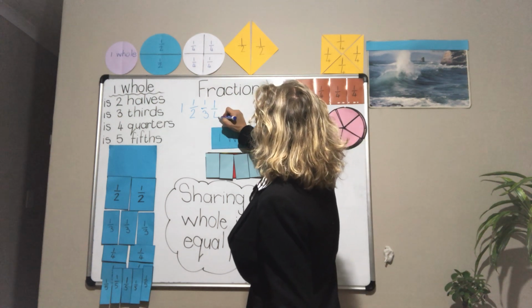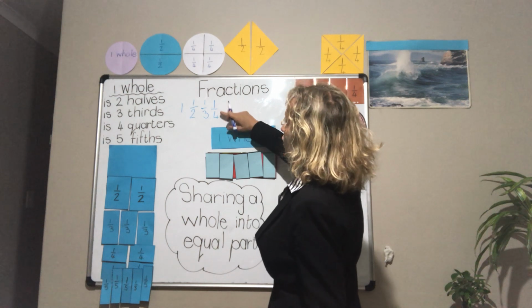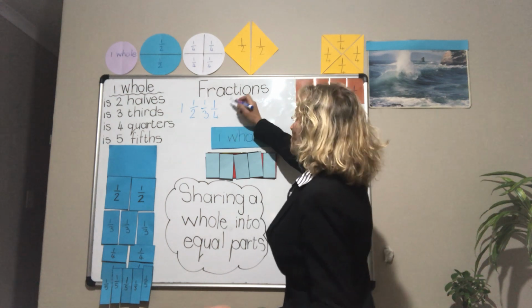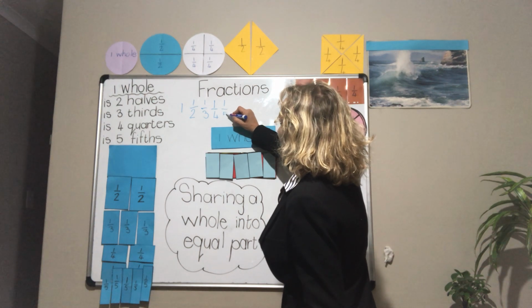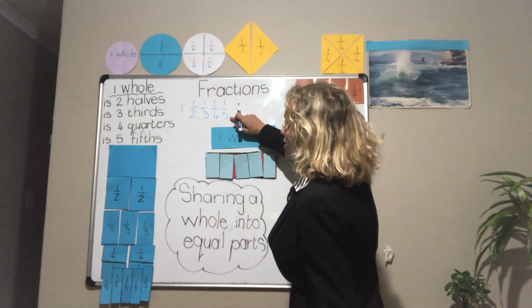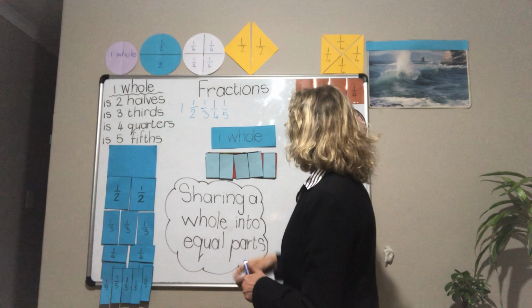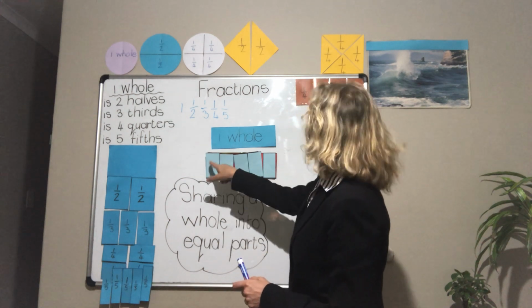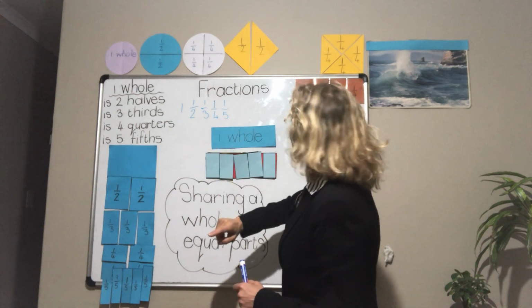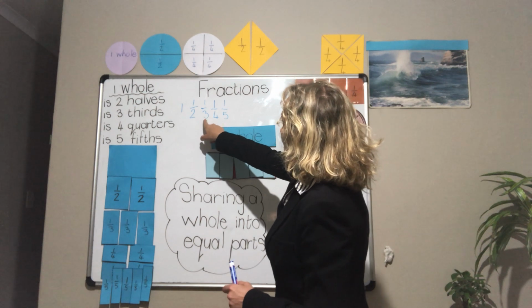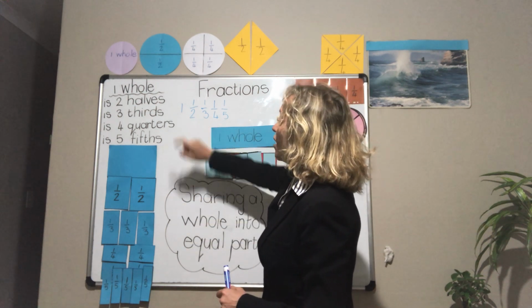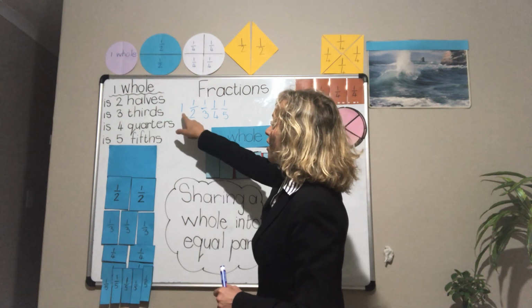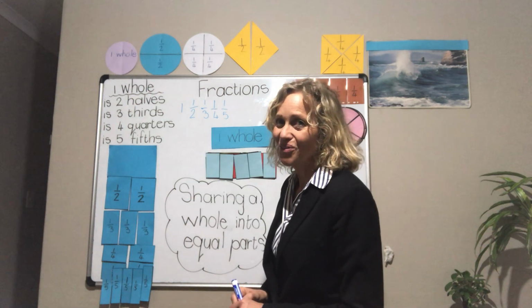There's your quarter. A quarter is 1 of 4 equal parts. There's your fifth, and the fifth is 1 of 5 equal parts. And there you can see the fifth is smaller than the quarter, is smaller than the third, is smaller than the half, and the half is smaller than the whole.